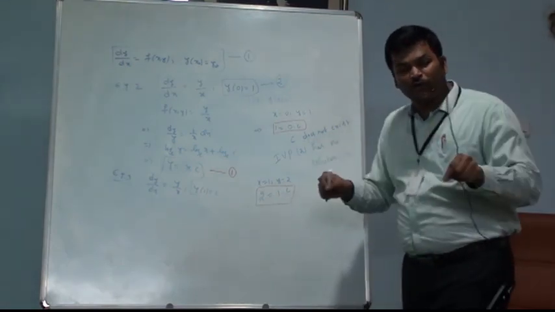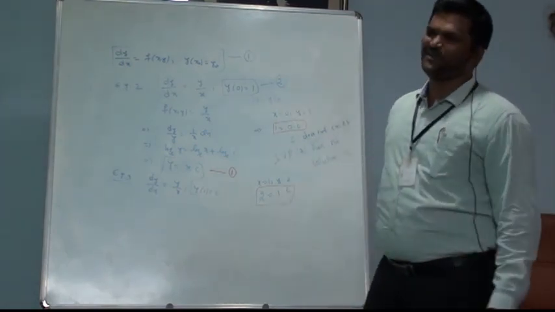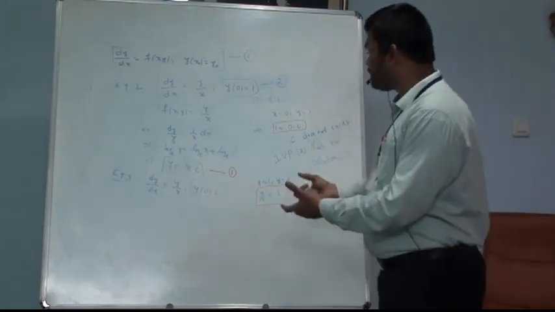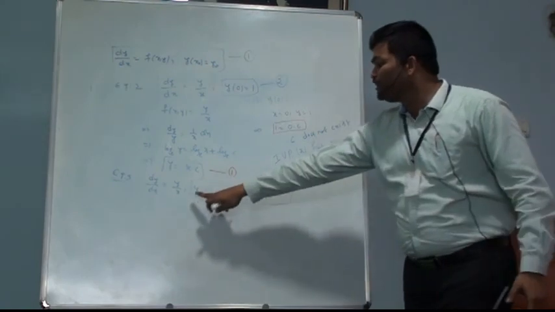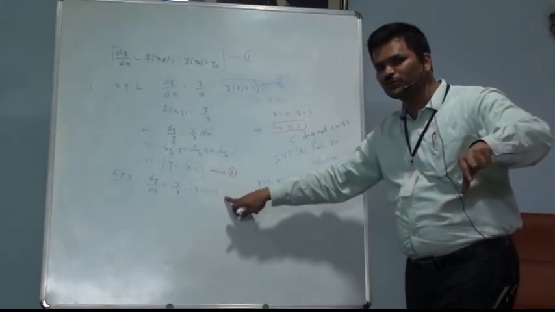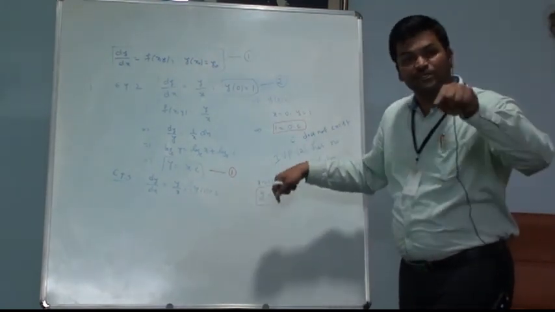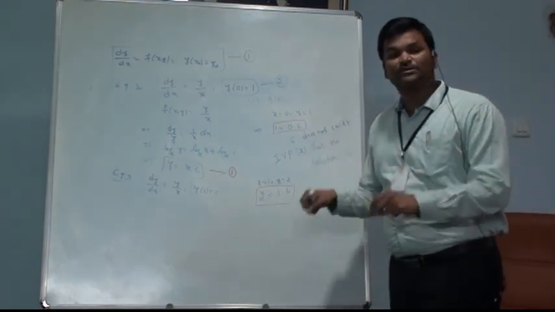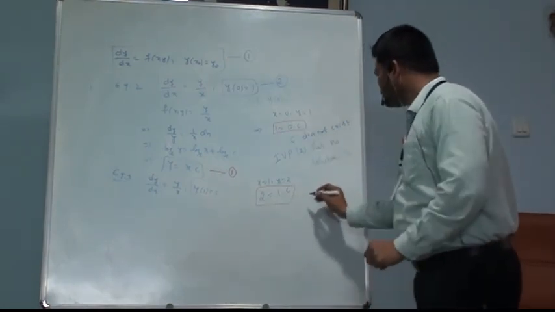C is equal to 2 is unique. We cannot write another value for c. That means when you take y of 1 is equal to 2, the system has a solution. And what type of solution? This system has a unique solution.